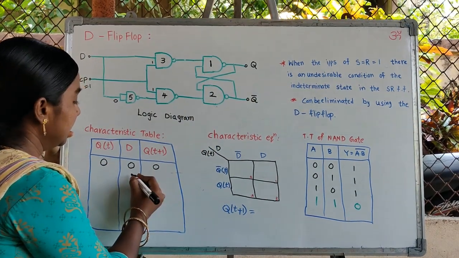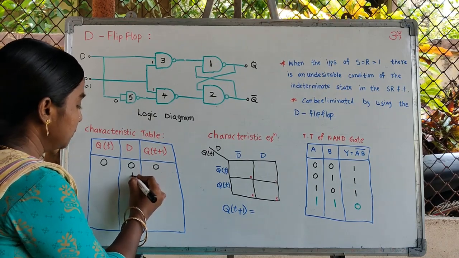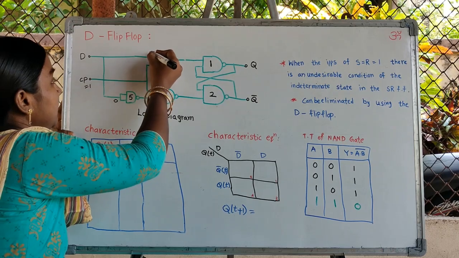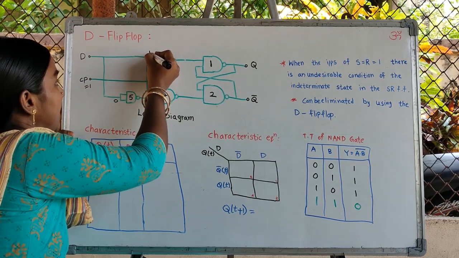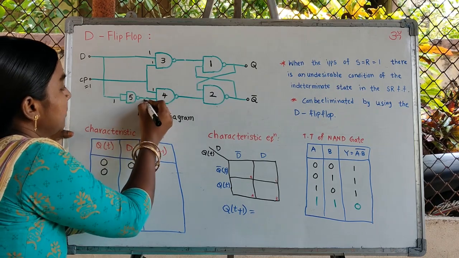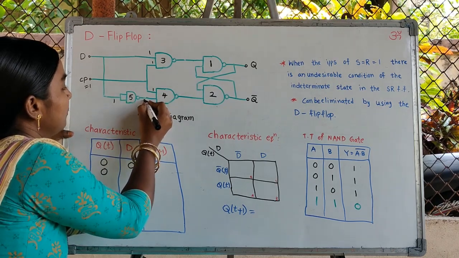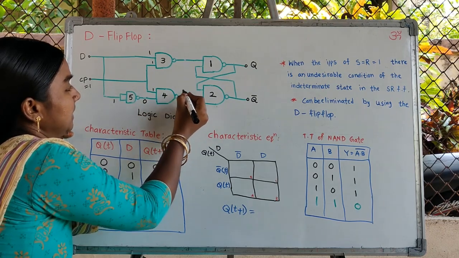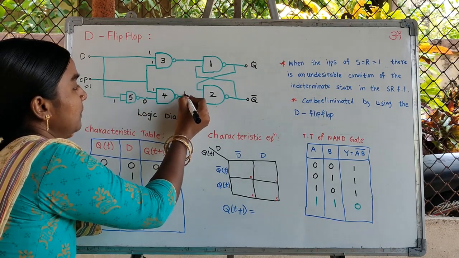I consider the second case. When D input equal to 1, the present state is 0, means we are applying D input value equal to 1 here. By applying D input value 1 here, we are going to get the complementary of 1 equal to 0. So for the fourth NAND gate, output is going to be 1 here.